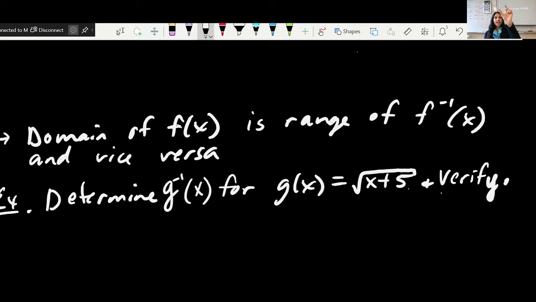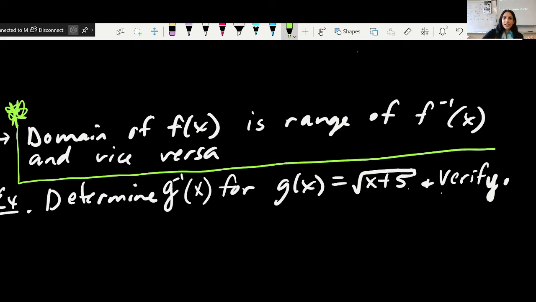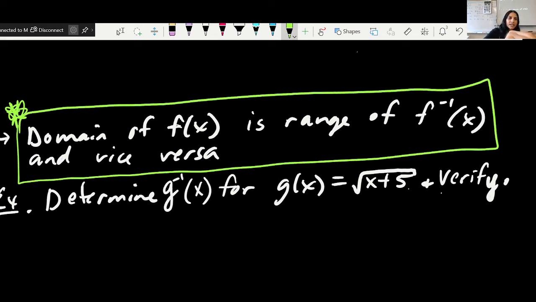We're swapping the x and the y values, so that makes sense. This is important, so I put a star and maybe even a box around it, because you'll be asked about this. So it's important to know and understand where that's coming from.